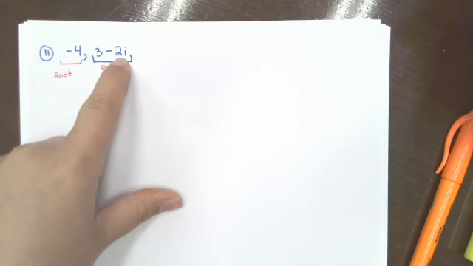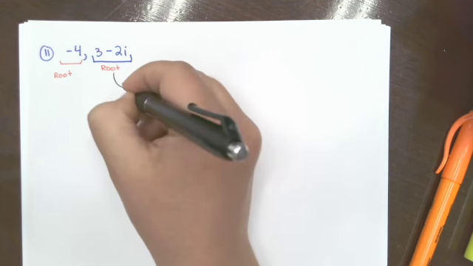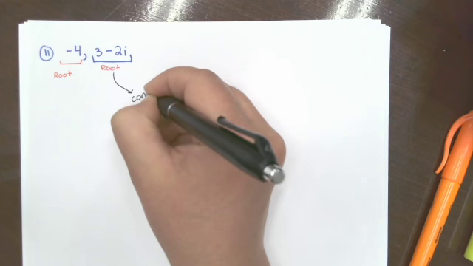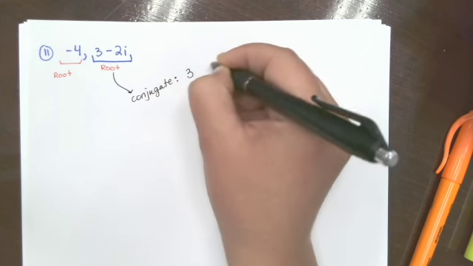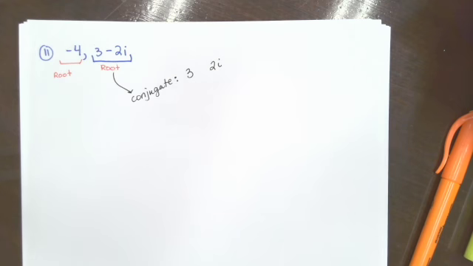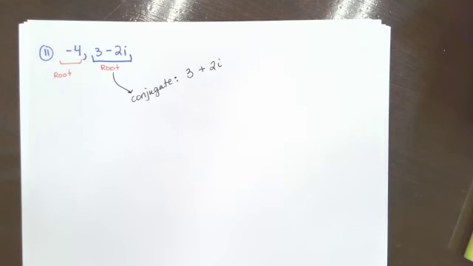So whenever you have a complex root, anything with i's or anything with square roots, that has a conjugate. A conjugate is where you take both terms, keep them the same, and the only thing that changes is the symbol in the middle. So if you have a plus here, you're going to have a minus there.